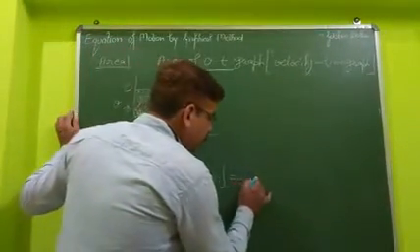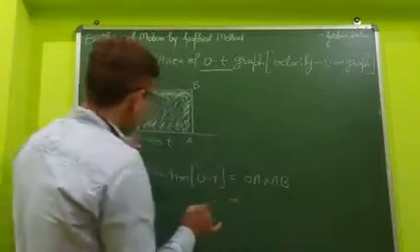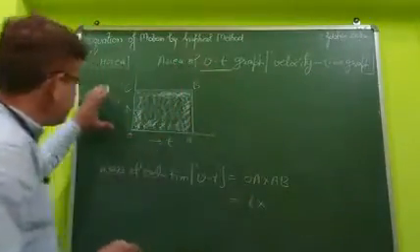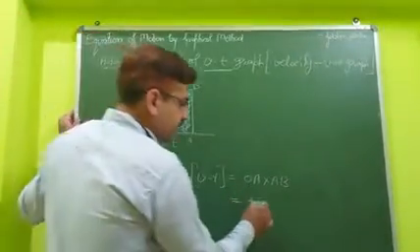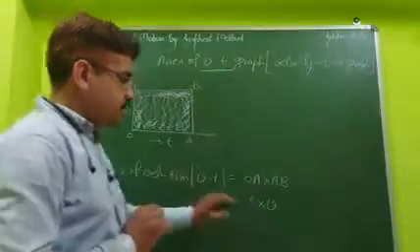That is equal to OA into AB. What is OA? OA is equal to T. And what is AB? AB is equal to V. So that is velocity into time. So the formula is velocity into time.